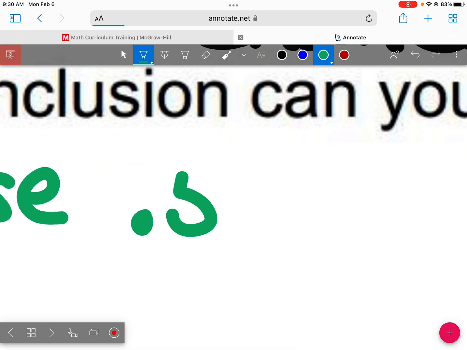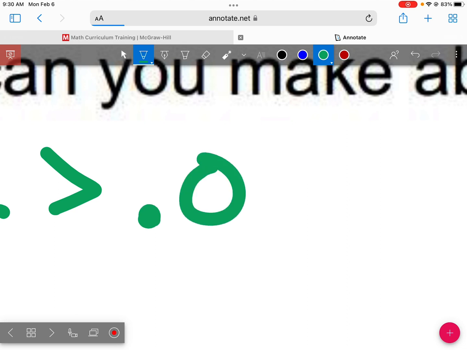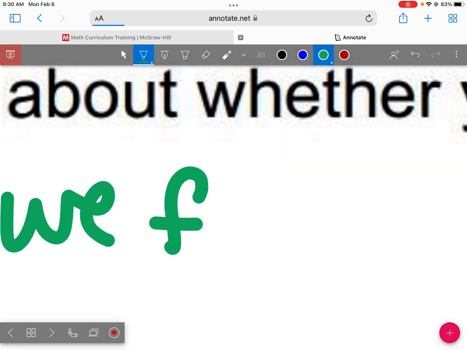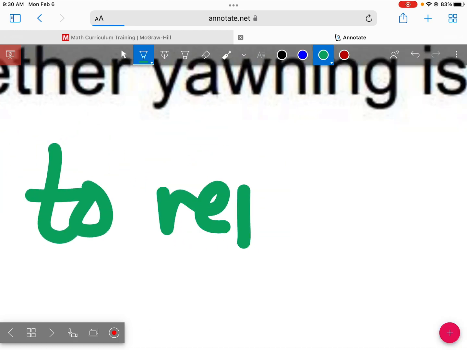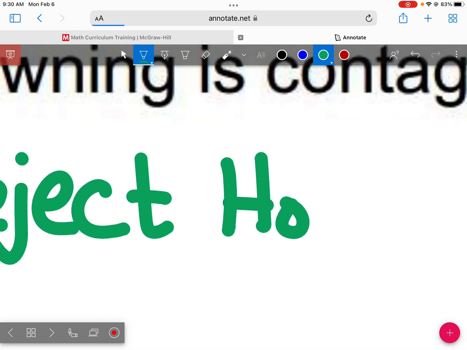Because 0.52 is quite a bit greater than 0.05, we fail to reject the null hypothesis.